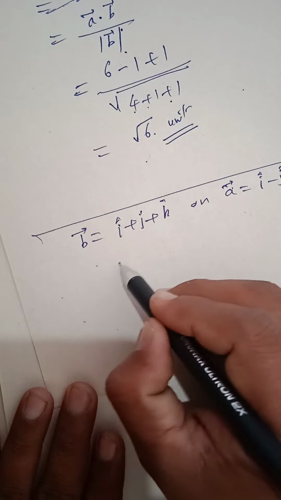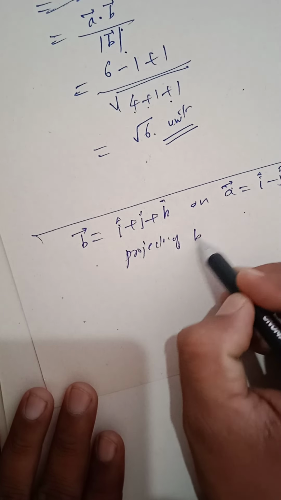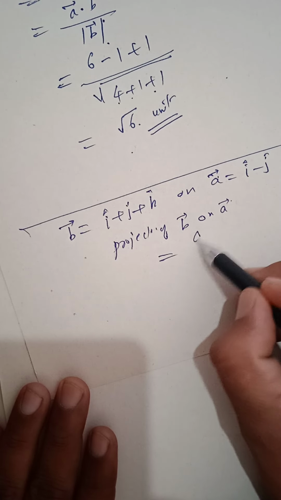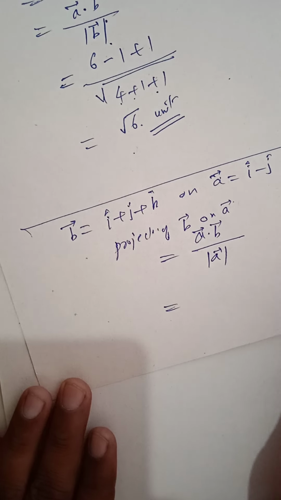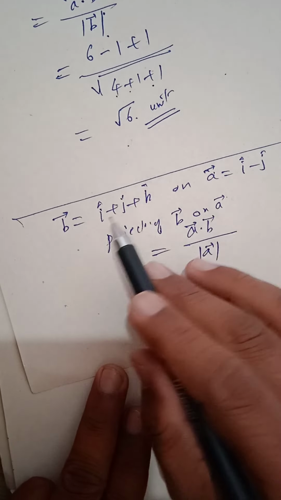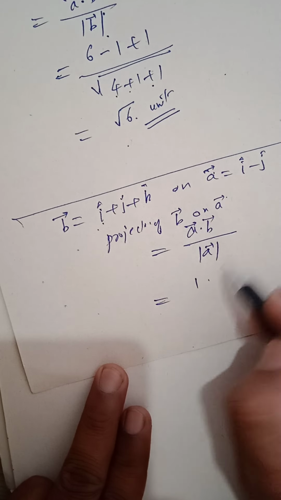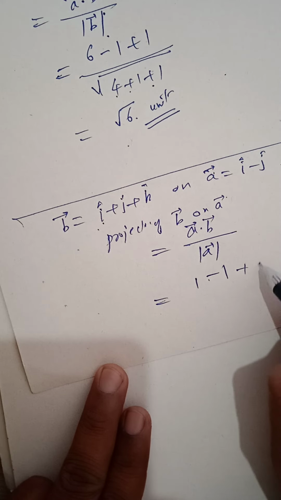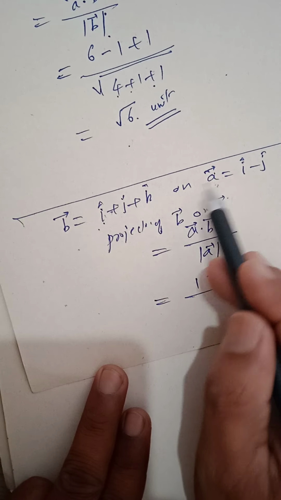The projection of vector b on vector a is A dot B upon magnitude of vector a. A dot B you can easily calculate. It is i dot i, this is 1, then minus 1 plus 0, because the k component of vector a is 0. A dot B is the same as B dot A.